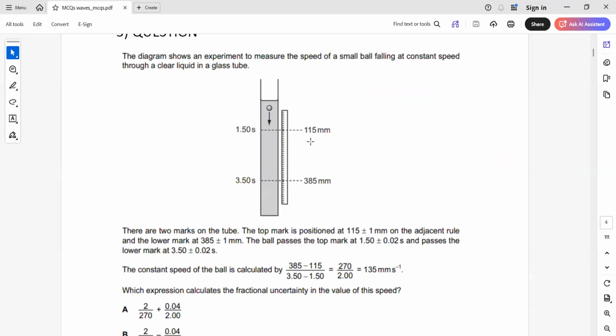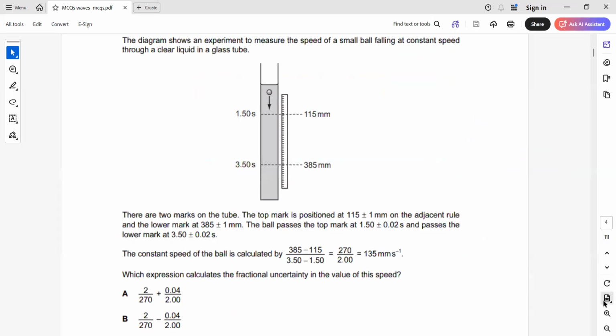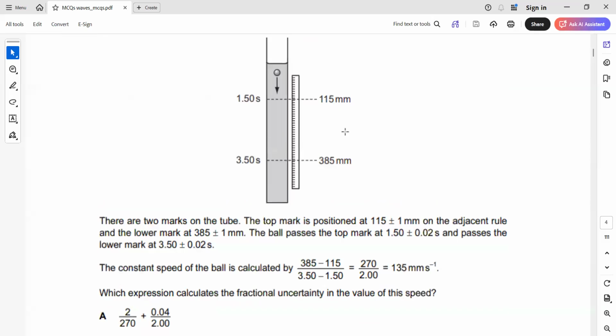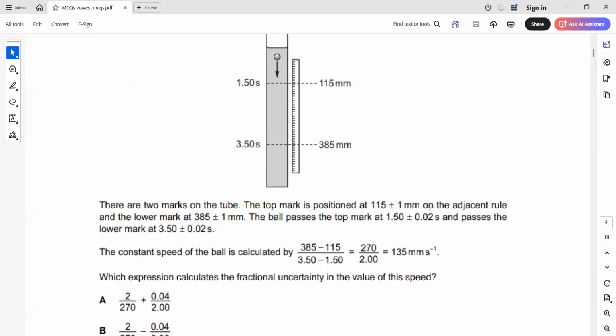The diagram shows an experiment used to measure the speed of a small ball which is falling at a constant speed. There are 2 markers on the tube. The top marker is positioned at 115 plus or minus 1 millimeter, that is the uncertainty. The lowest marker is at 285, which is plus or minus 1 millimeter.